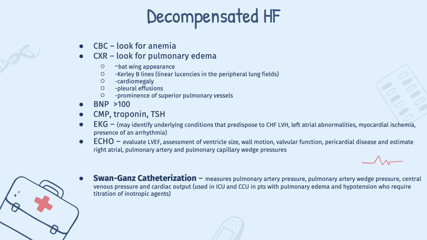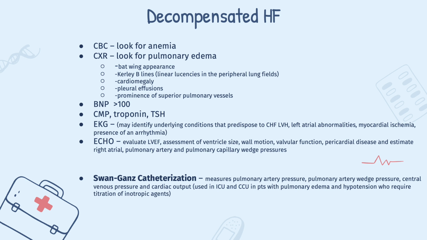So as far as investigations for decompensated or acute exacerbation of heart failure, CBC, so you're looking for anemia, chest x-ray, you're looking for those wet lungs, pulmonary edema. Get a BNP, so we're going to see it greater than 100.